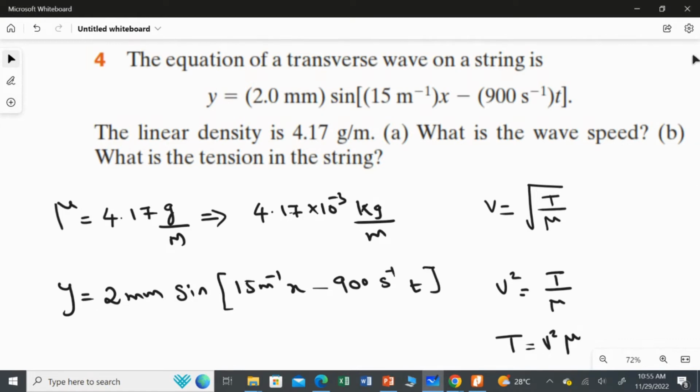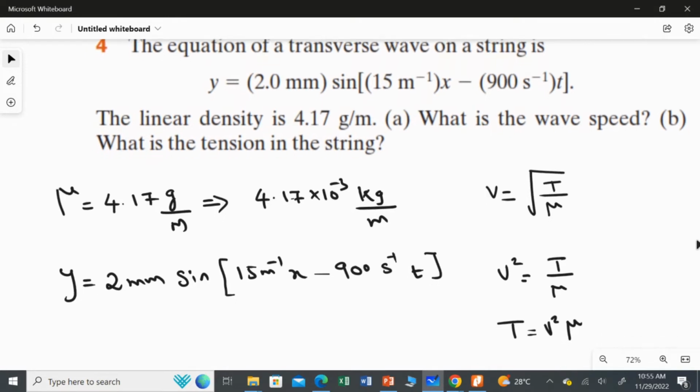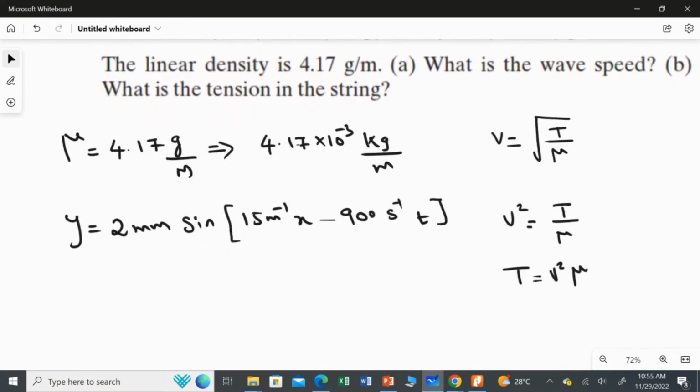The bracket is closed. For this, I'm going to write the general wave equation to identify the parameters. The general equation is y equal to y_m sin(kx minus omega t).